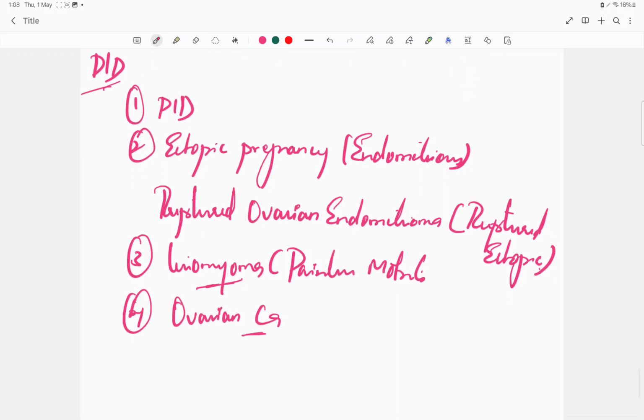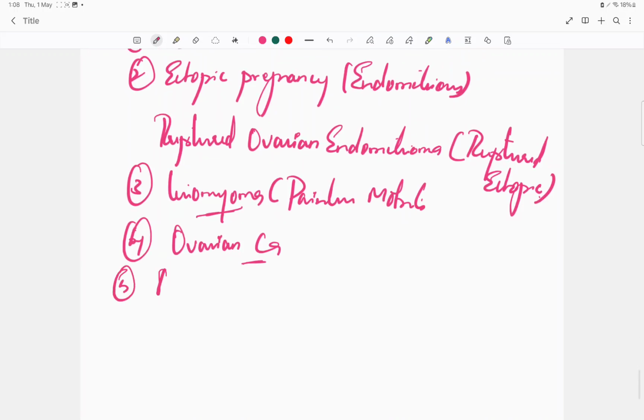Even rectal cancer, though very rare, can sometimes mimic it. If endometriotic lesions have infiltrated into the rectum, they can mimic rectal carcinoma because of bleeding. But this will be painful, whereas rectal carcinoma will be painless. That is the only thing differentiating them.